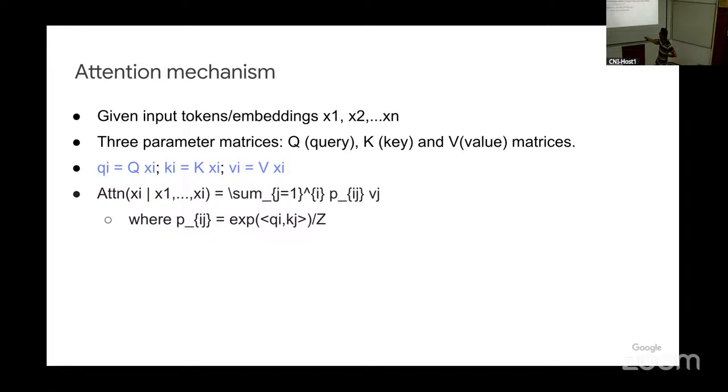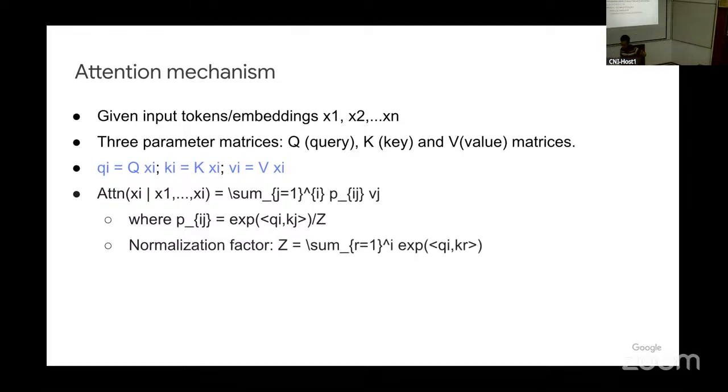So Pij is just proportional to exponential of Qi inner product Kj, and Z is a normalization factor, which is chosen so that the summation over Pij, where we sum over j, is equal to 1. So there's a probability distribution, and then we are taking a weighted combination of these value vectors Vj, right?